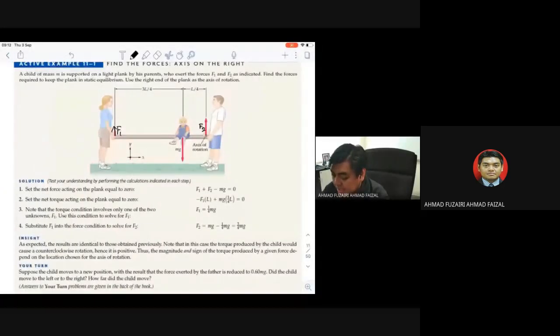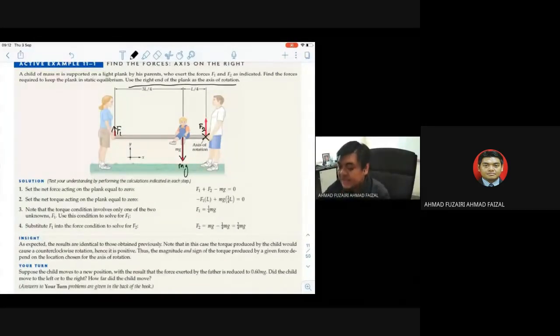In this case, the child has mg going downwards. We'll use the right end of the plane as the axis of rotation, meaning here.